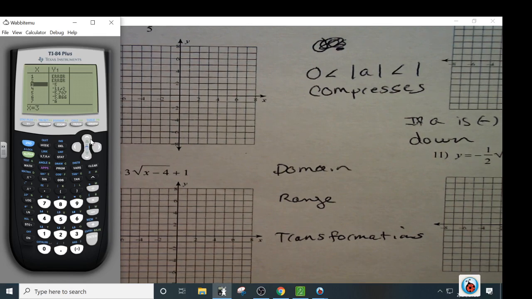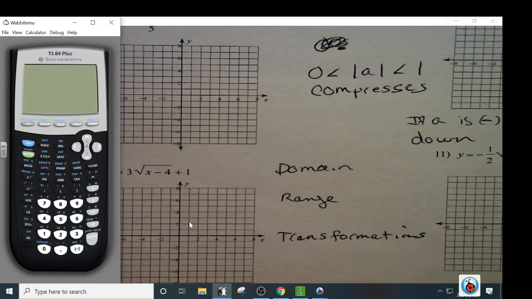We'll come back here in a minute together and we'll compare answers. If you know how to read a graph, yep. Back together and compare answers. All right.